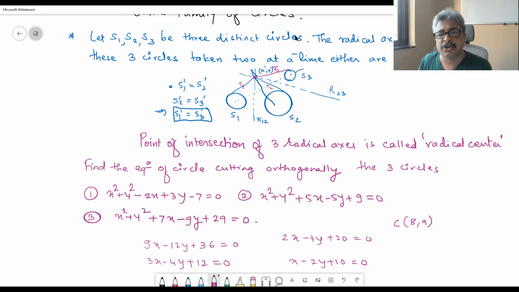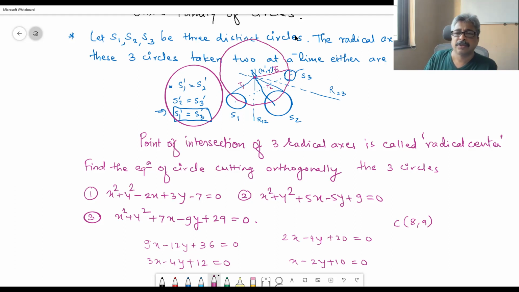So T1 is equal to T2 is equal to T3. That is what we have proved here. And then if you draw a circle like this, it will pass through the points of tangency of all three circles, and that is what is going to be your orthogonal circle.